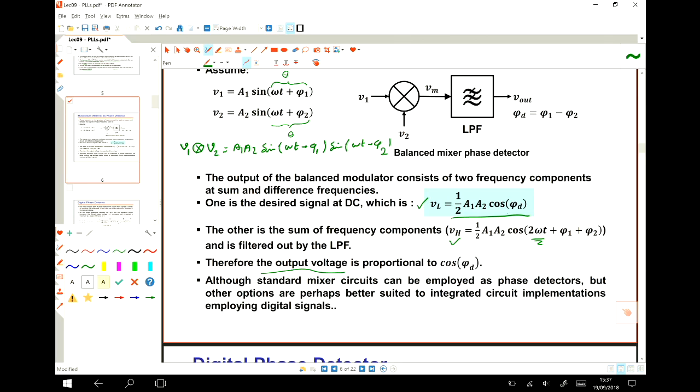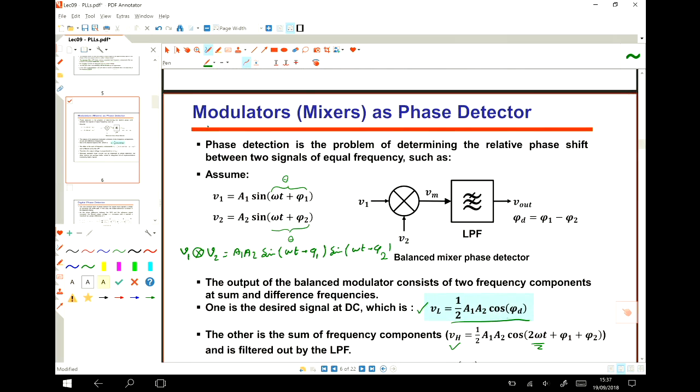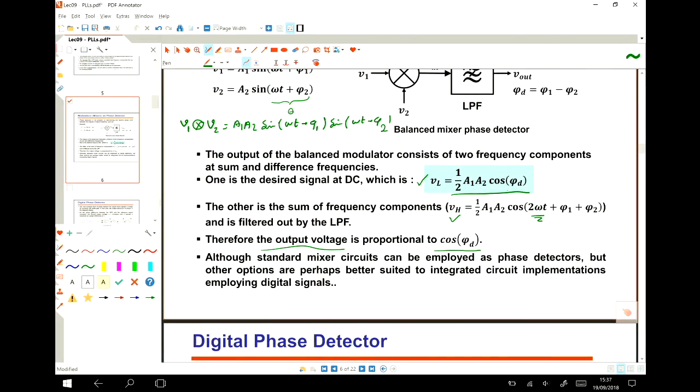So the output voltage is proportional to cosine phi d. We can also use digital phase detectors instead of an analog phase detector like a mixer, because a mixer uses lots of power, and it's also difficult to integrate a mixer, for example, in a digital circuit like an FPGA. In an FPGA you can just use logic as a phase detector, and the power consumption is also lower than the mixer.